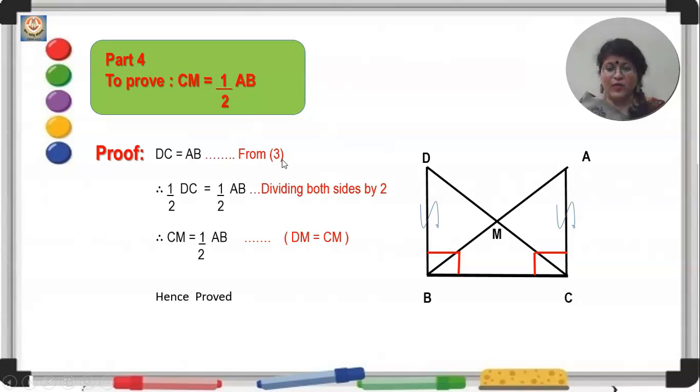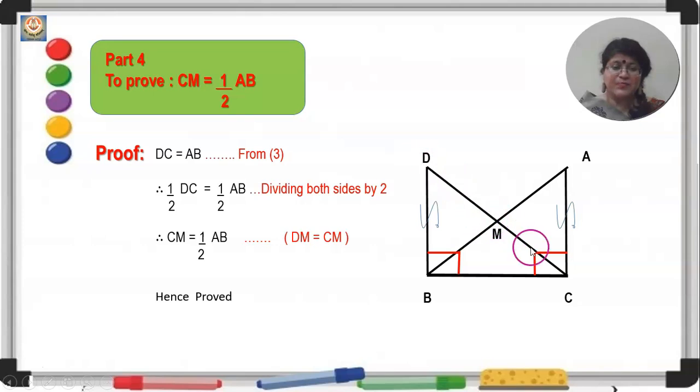Now, since you need half AB, what I'm going to do out here is divide both the sides by 2, or multiply both sides by half. So I divide both sides by 2, so I get half DC equal to half AB. Now, half DC. Look at DC.